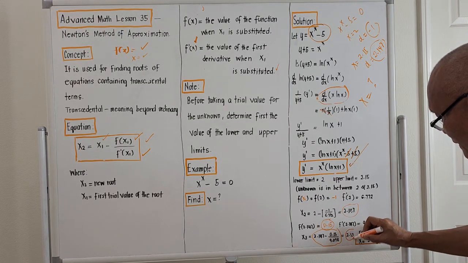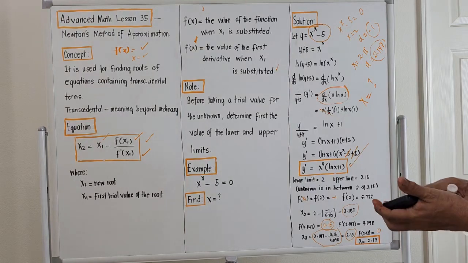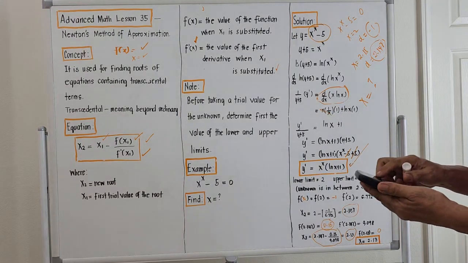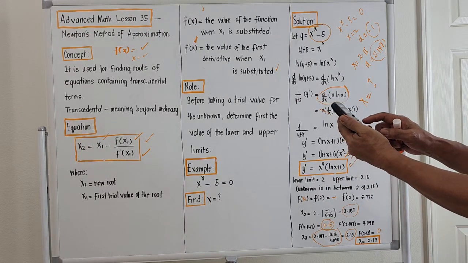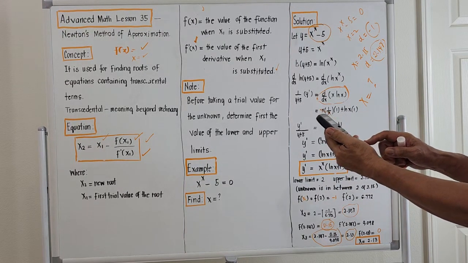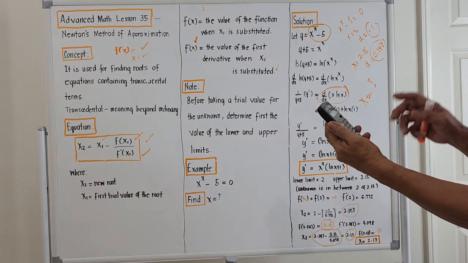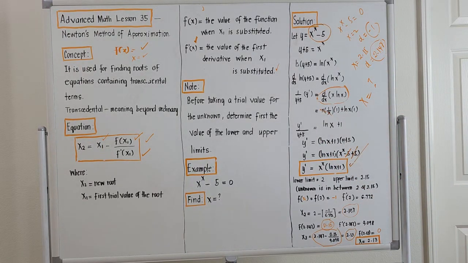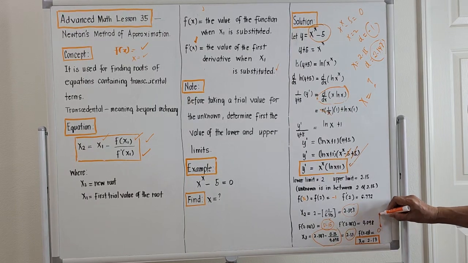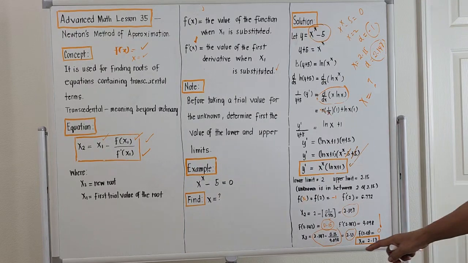It is 2.13. And if we place 2.13, y to the x, 2.13, the value is approximately 5.0 something, and the difference is actually 0. So the correct answer for the value of x will be x equal to 2.13.